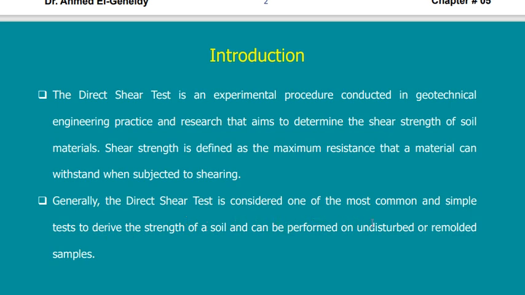It can be performed on undisturbed or remolded samples. Of course, when I tell you I'm going to get an undisturbed sample, this is also approximate, because what do I mean by undisturbed sample? It means a sample that I managed to bring from the site to the lab and it is intact, similar to its condition on site.